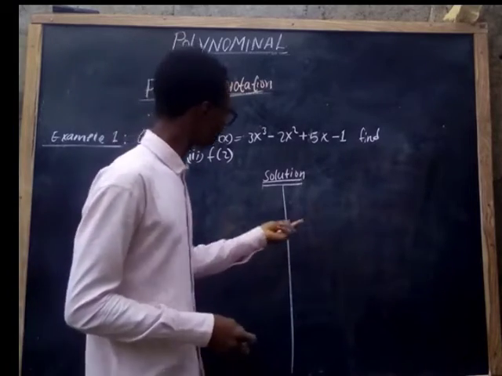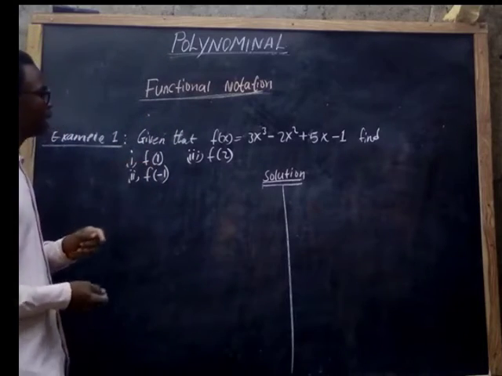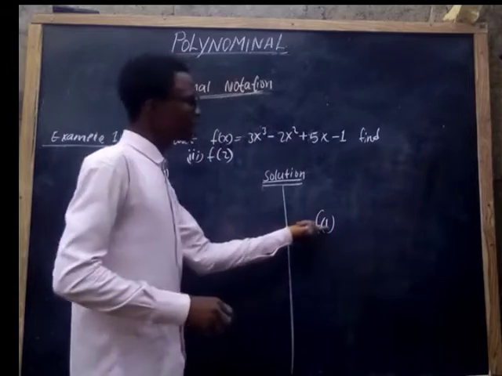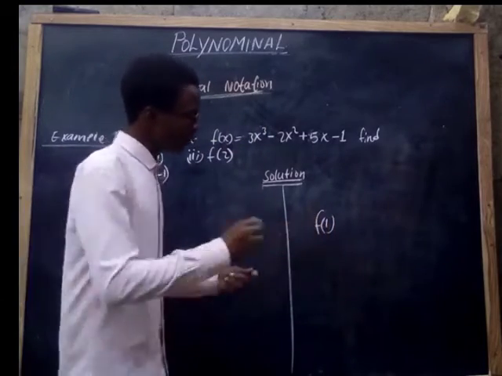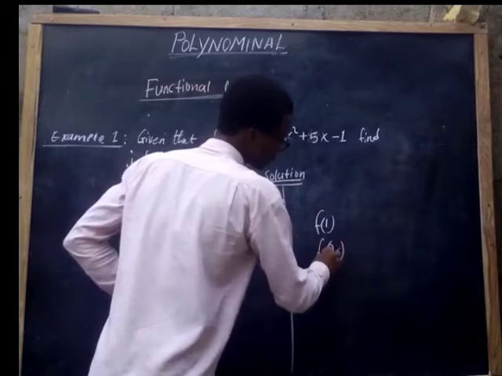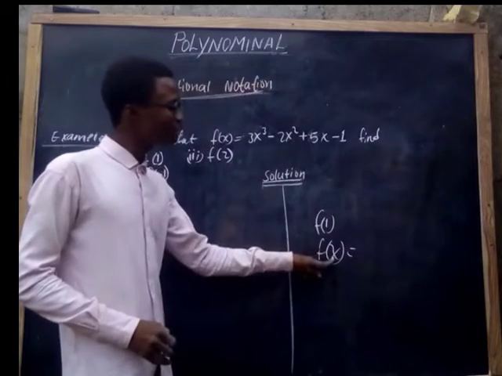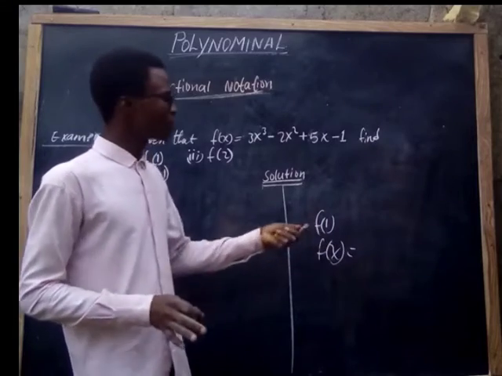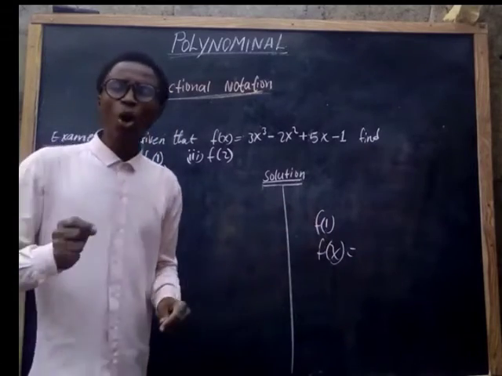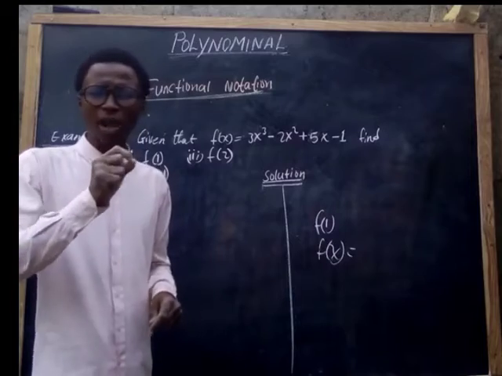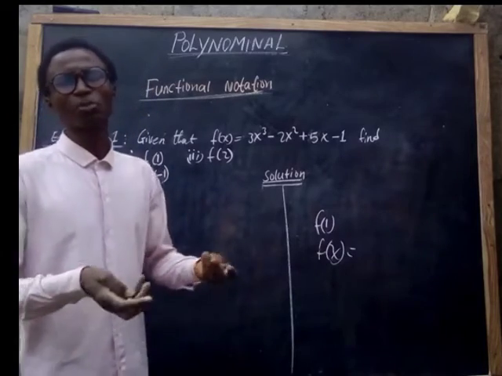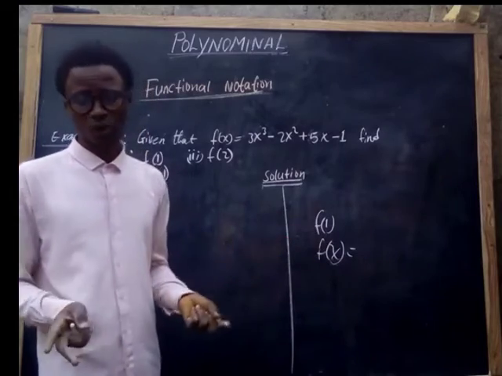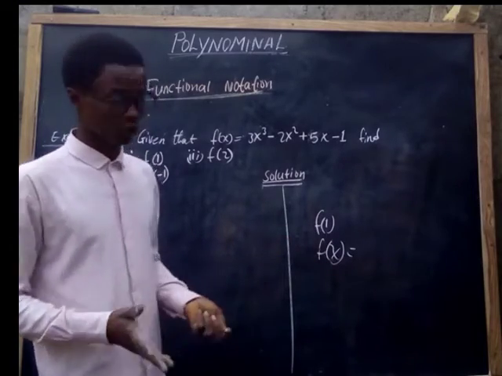So if they say f of 1, the value of x is equal to 1. Always, when they give you f of any number, the value of x is supposed to be that number. That's what you should understand and know about functional notation.